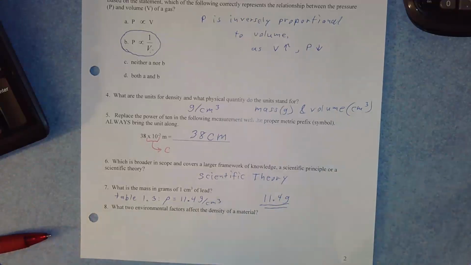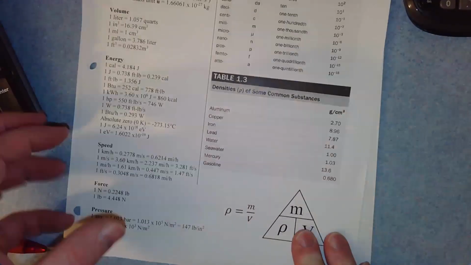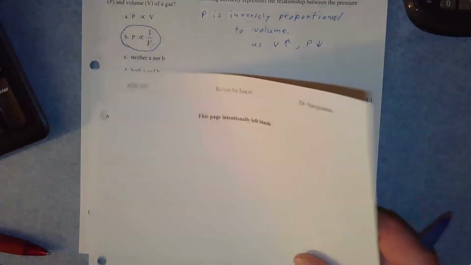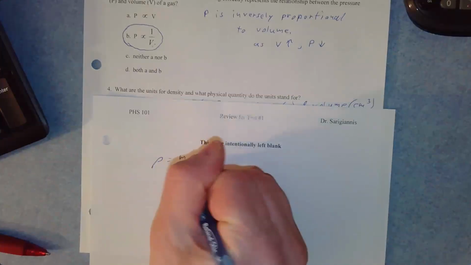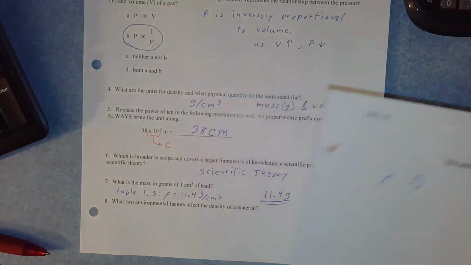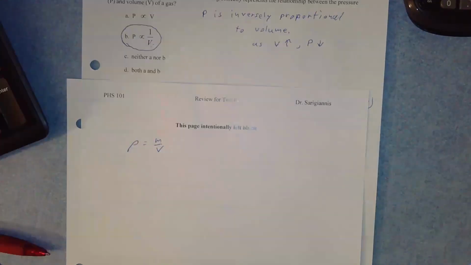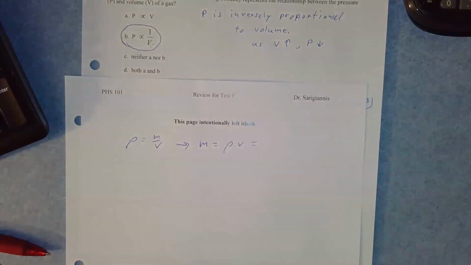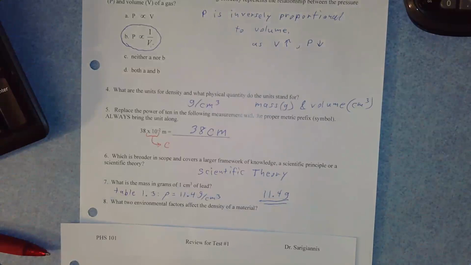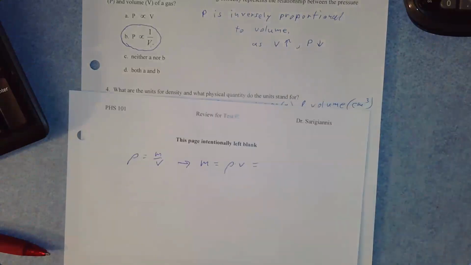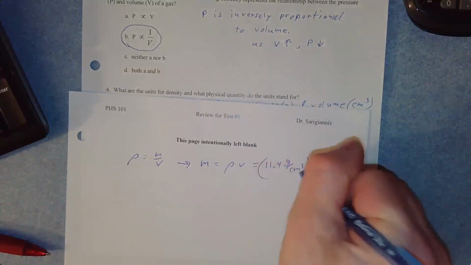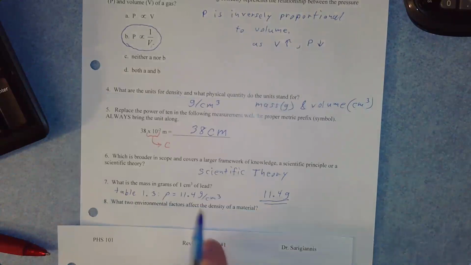Now you can plug it into the formula if you wanted. Right? The density is mass over volume. You can write that down on a separate sheet of paper. We want to know the mass. To find the mass, mass is density times volume. We can plug in the 11.4 grams per cubic centimeter, and the volume, which was 1 cubic centimeter.